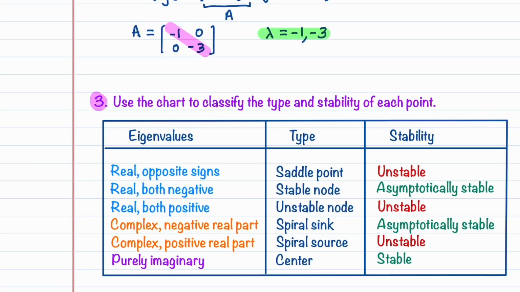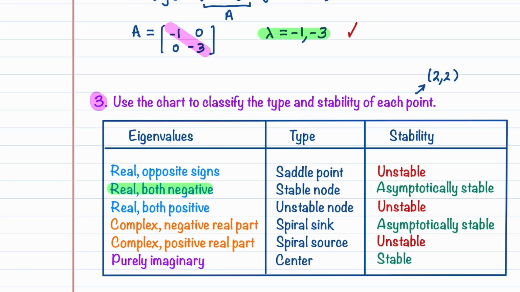In step 3, we are going to use this chart to classify the type and stability of our critical point. And let's just put here that our critical point is the point 2, 2. Our eigenvalues right up here are both negative, so we can find that down here in our chart. Our eigenvalues are real and negative, so that's right here.